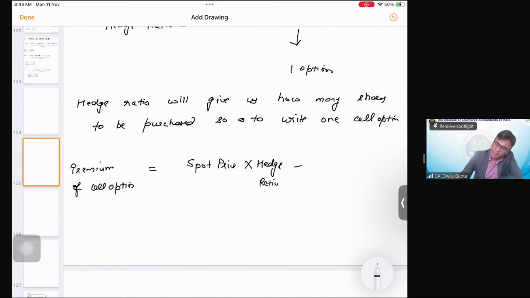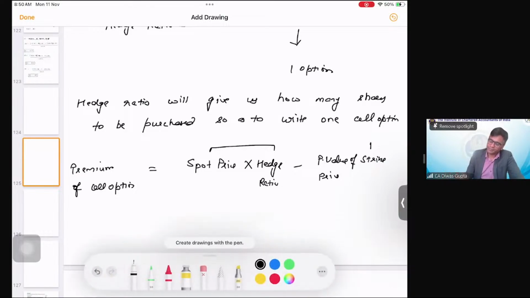Minus present value of strike price. Correct? Till now we were here. Are you with me, all the students? Hope you understood why we have multiplied the hedge ratio, so as to say that for one option, these many shares will need to be purchased. Clear?